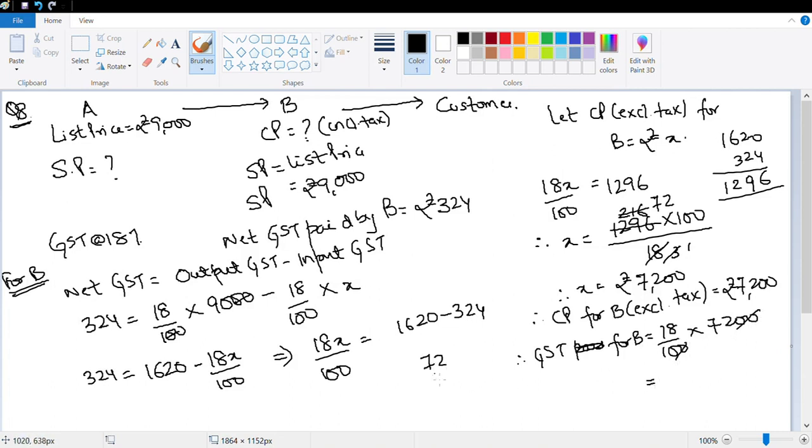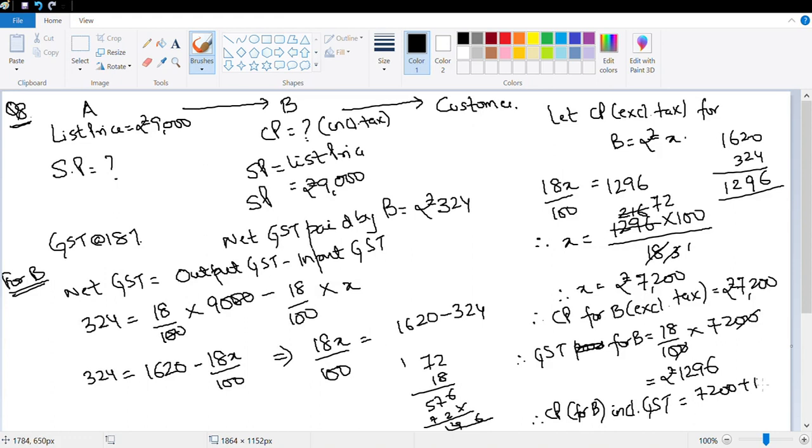Okay, that's a lot of calculation. So it's rupees 1296. Therefore, CP for B including GST will be equal to 7200 plus 1296. That's rupees 8496. Done. Let's move on to the next question.